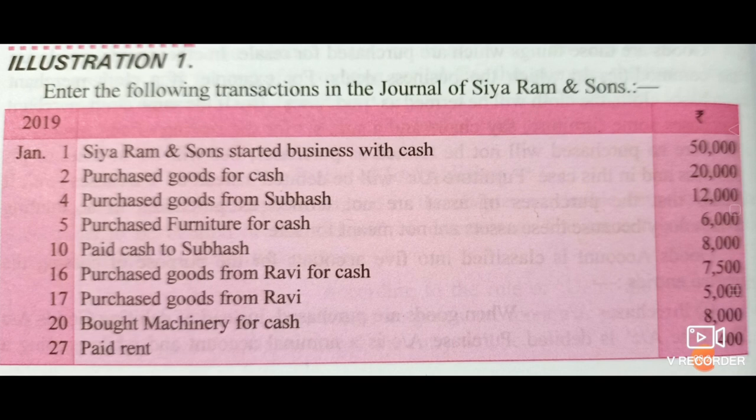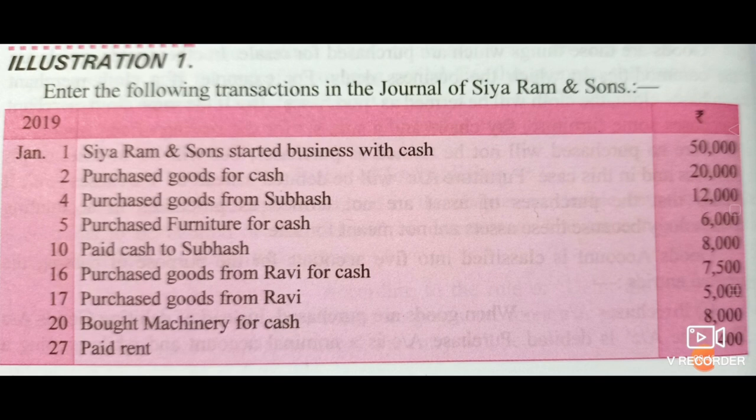Dates are given from January 1st to January 27th. First, Siaram and Sons started business with cash rupees 50,000. On 2nd January, purchased goods for cash rupees 20,000. On January 4th, purchased goods from Subhash rupees 12,000.